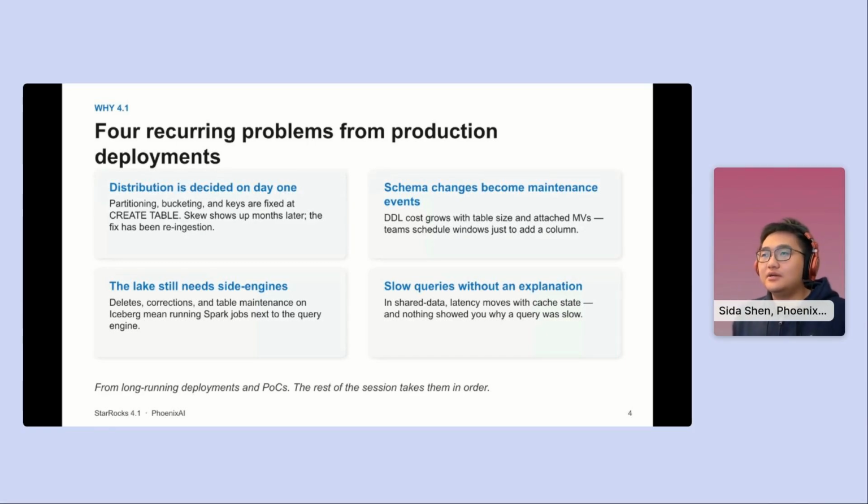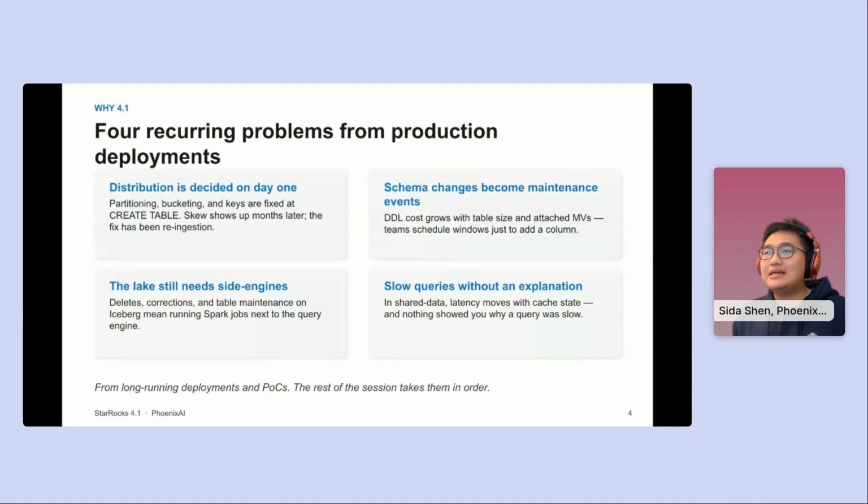And also, slow queries. We are fast, but there are still instances that were slow. But observability into how the system is performing, especially cache, has always been a problem.